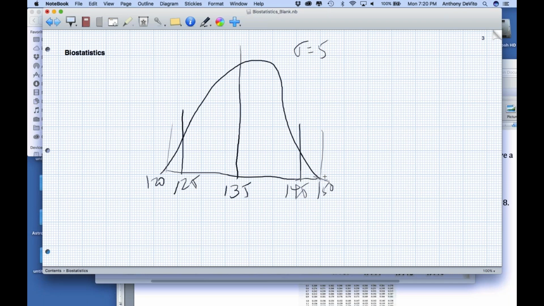Remember, this is a population, and I'm stretching this analogy a little bit for our purposes, but 95% of the time, if I sample someone from this population, they're going to be between 125 and 145.